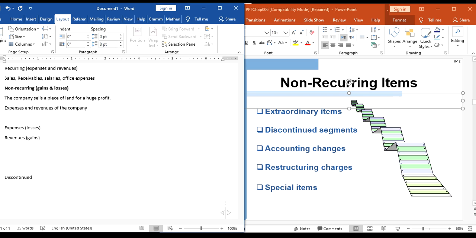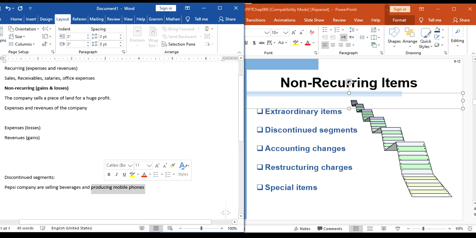Discontinued segments or operations, it's the same. Like for example, the Pepsi company is selling beverages and also producing, let's say, mobile phones.